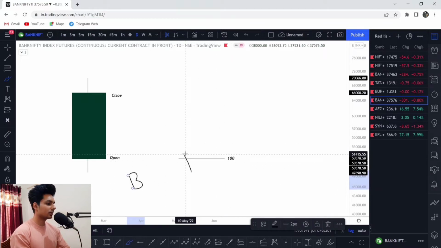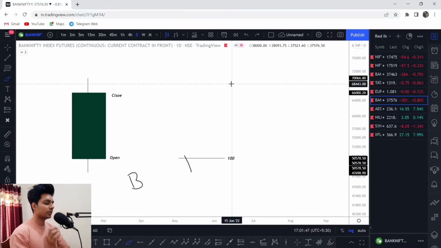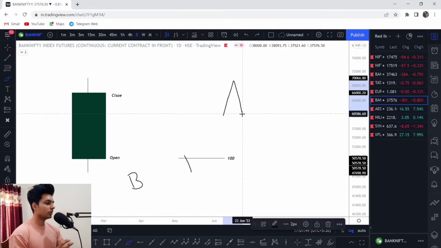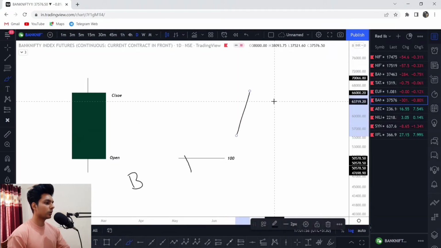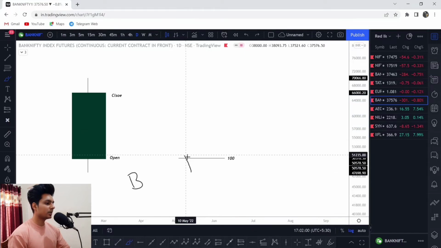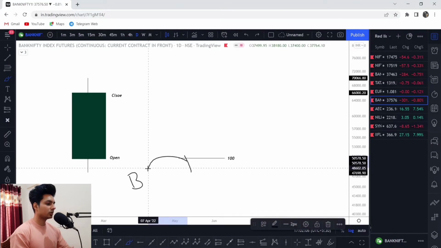Let's say, if I simply tell you this is liquidity, it doesn't really mean that the liquidity only stays above these highs or these lows. You can generate liquidity as the price is moving. So at this point everybody is selling, and these sell orders are the buy orders for these guys.